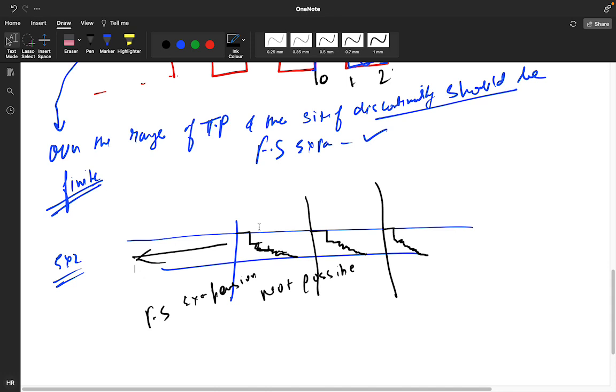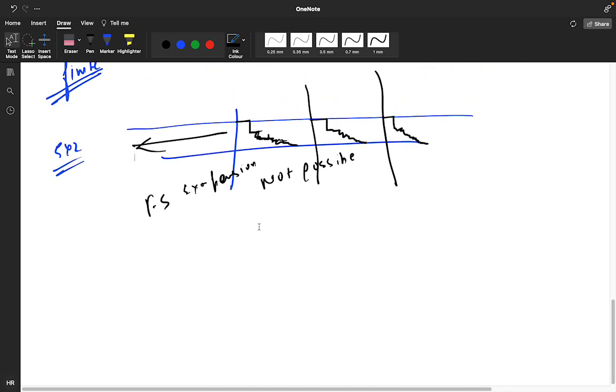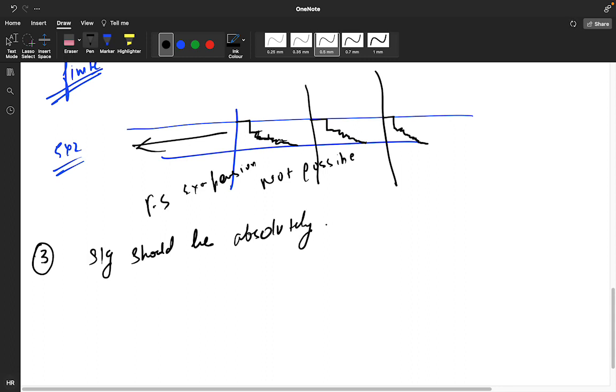The signal should be absolutely integrable. Write it down, third condition: the signal should be absolutely integrable over the range of the time period.